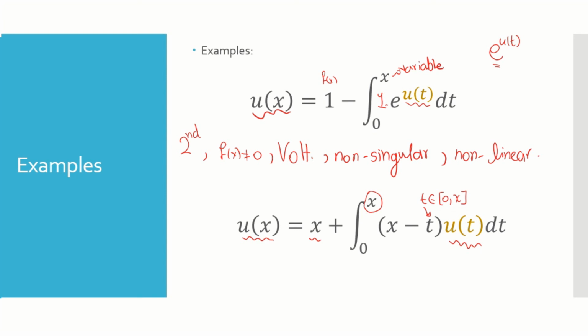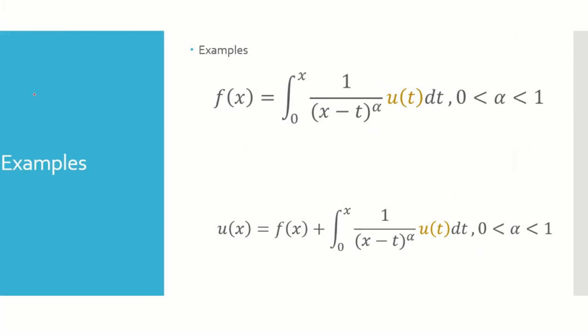Okay, let's do those. Here we have u of x does not appear outside the integral sign, then it is a first kind integral equation. F of x, no information about it. We can see that x is a variable and it's one of the limits of the integration, then it's Volterra integral equation.